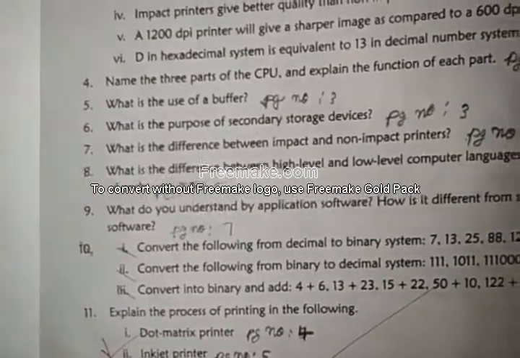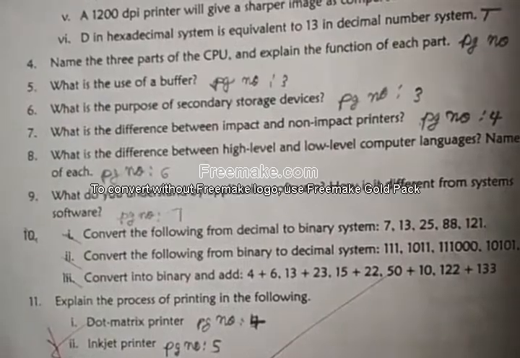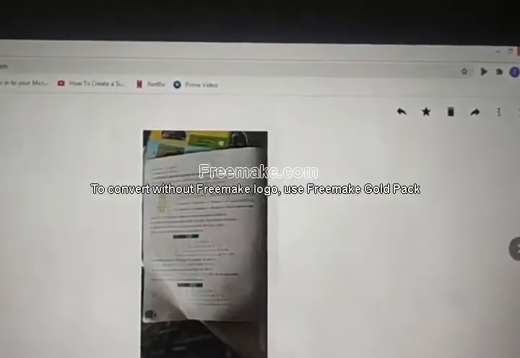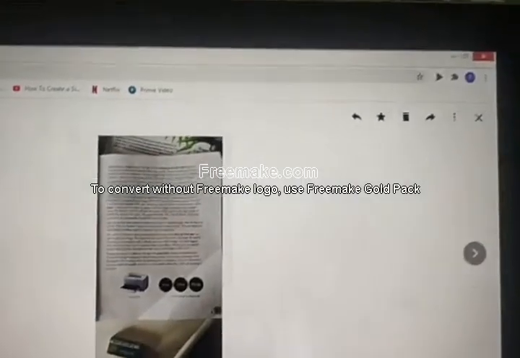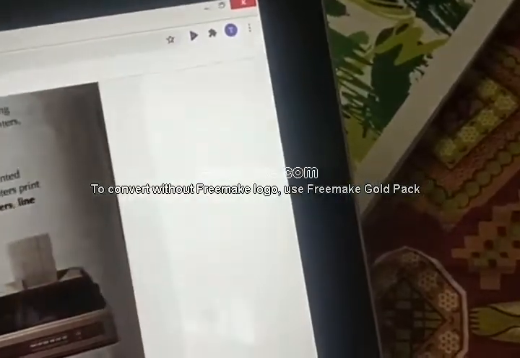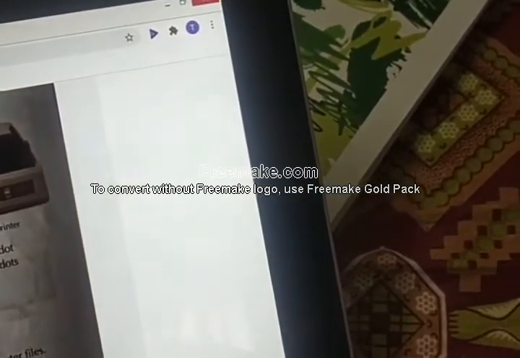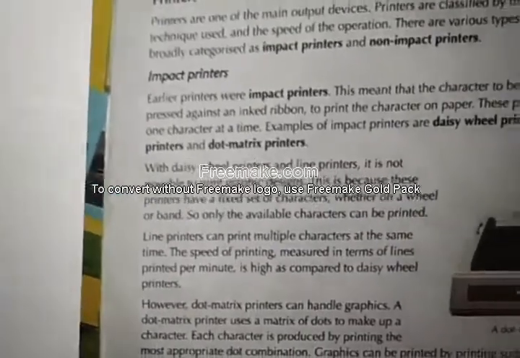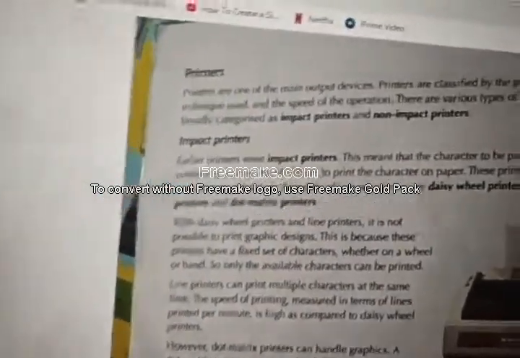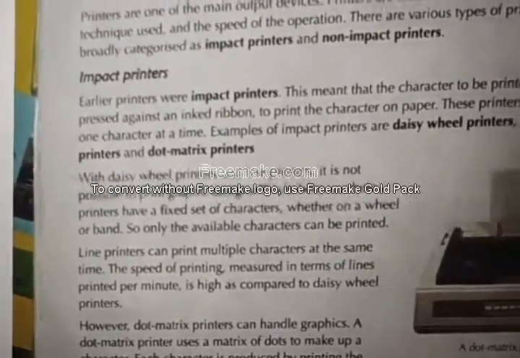Question number 7. What is the difference between impact and non-impact printer? Page number 4. Impact printers, the first para.